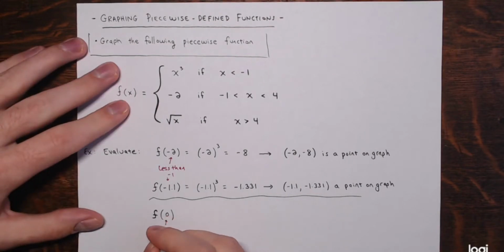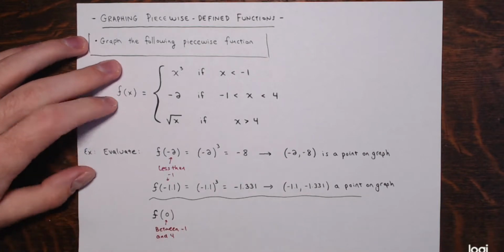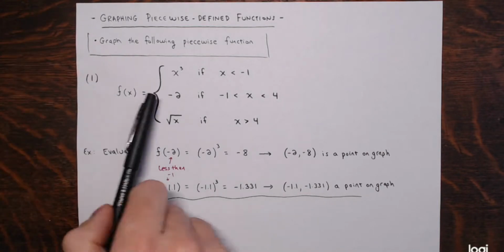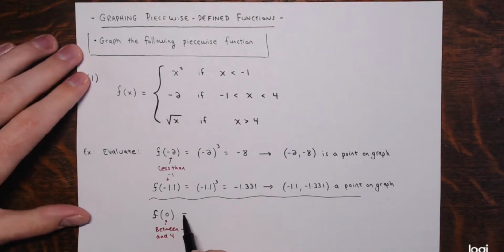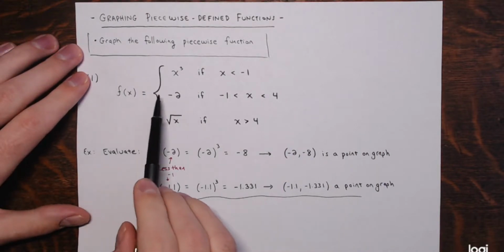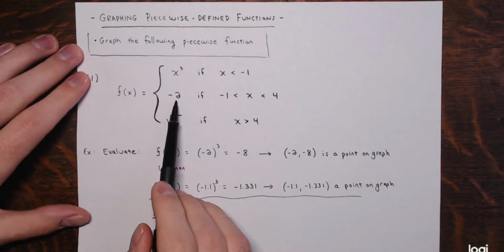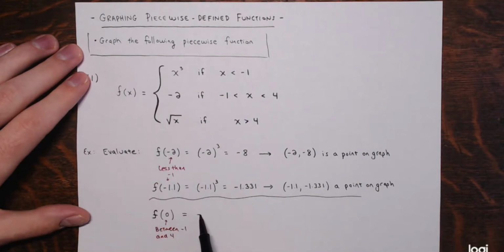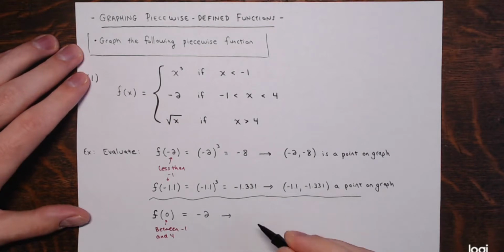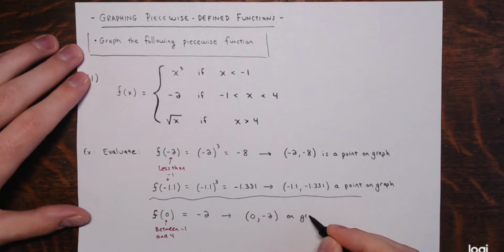This is between negative 1 and 4. It satisfies that second condition. So according to this rule, the way it's written, when the input is 0, the output is going to be negative 2. And again, what that tells me about the graph is that the point (0, -2) is on the graph.